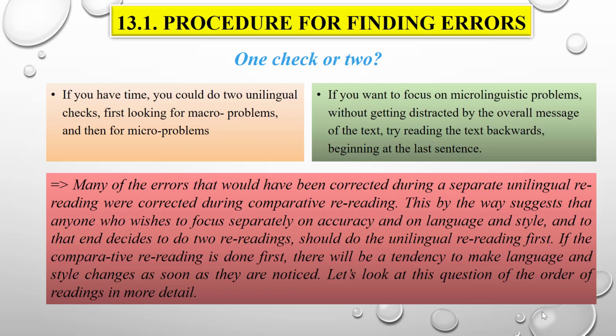If the comparative rereading is done first, there will be a tendency to make language and style changes as soon as they are noticed. Let's have a look at this question of the order of readings in more detail.